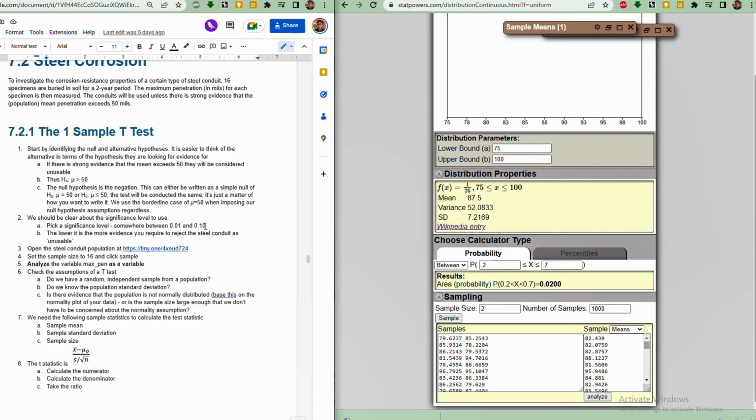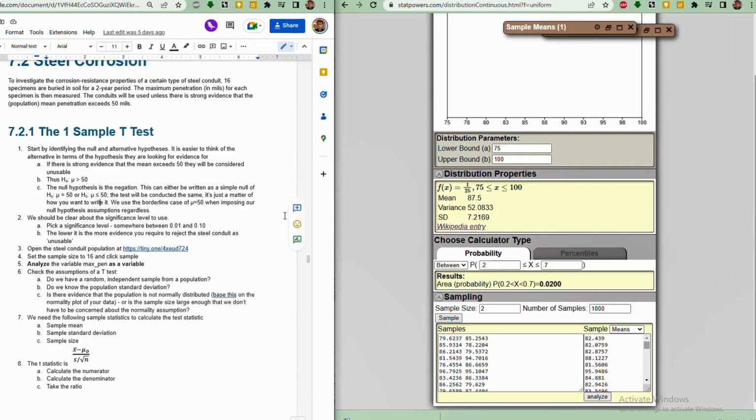The alternative hypothesis we're working with is that the mean is greater than 50, because if we have evidence that the mean maximum penetration is more than 50, then that's evidence that the conduits are not acceptable. But as long as there's no evidence that the corrosion exceeds 50, then we're good.